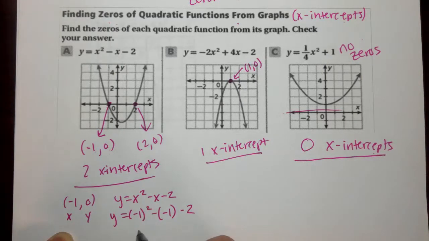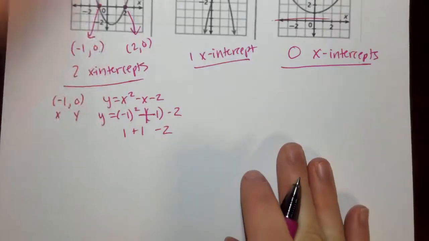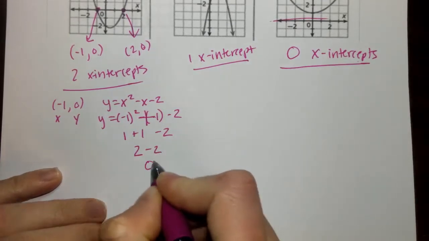So -1 squared is 1, -1 subtracted becomes a plus sign, minus 2. 1 plus 1 is 2, minus 2 is 0.